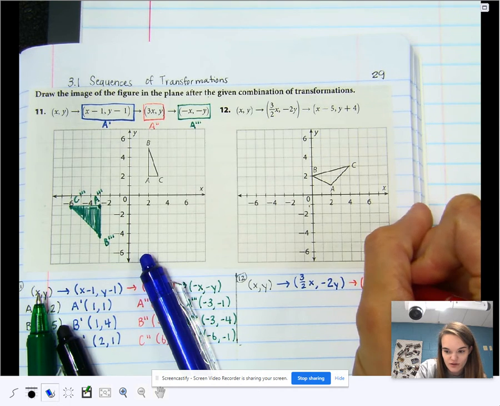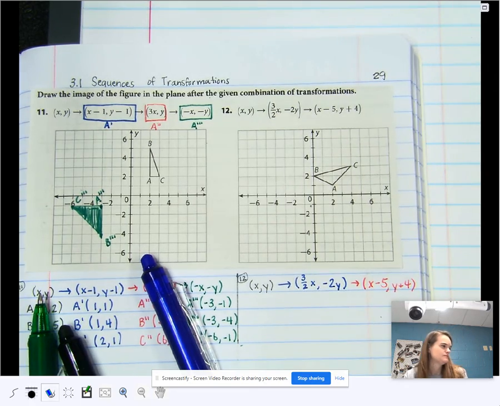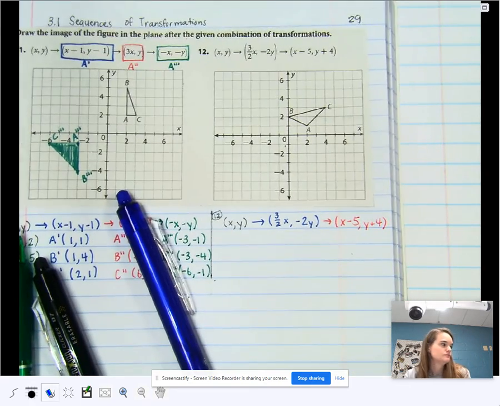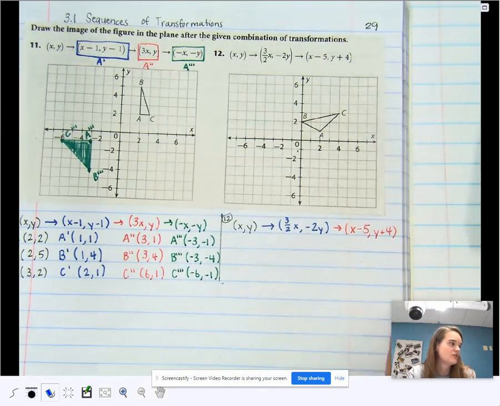Then x minus 5, y plus 4. So we'll only have double primes this time.